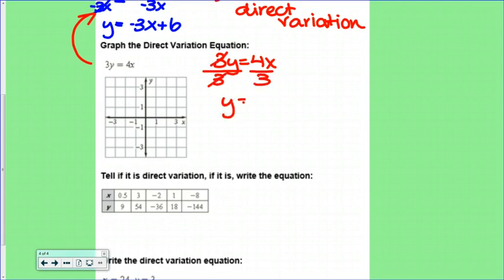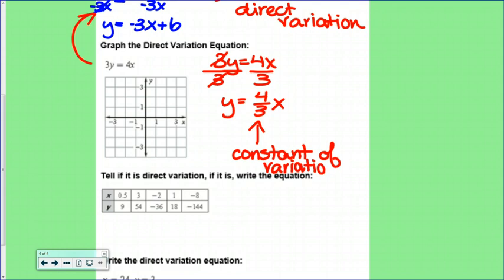We get 1y equals 4/3 x. And so that's our direct variation equation. 4/3 is my constant of variation. That's that k value from our formula.